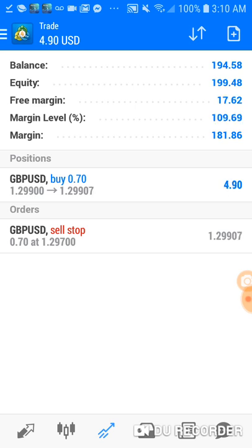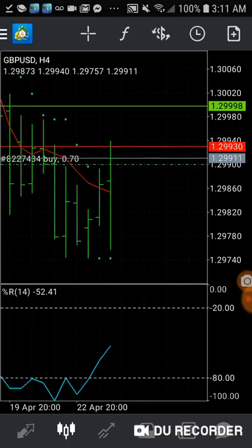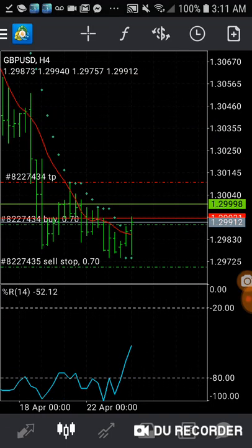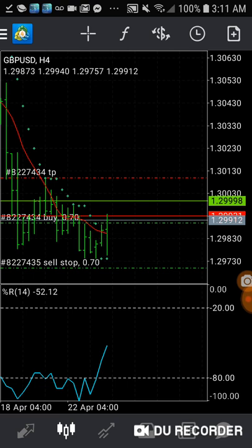Normally we would be running a higher pip level, but to make this trade worth the time and the effort, we're actually going 20 pips. 10 pips is what we need to cover for the actual client's contracts, which was represented by this green line here.